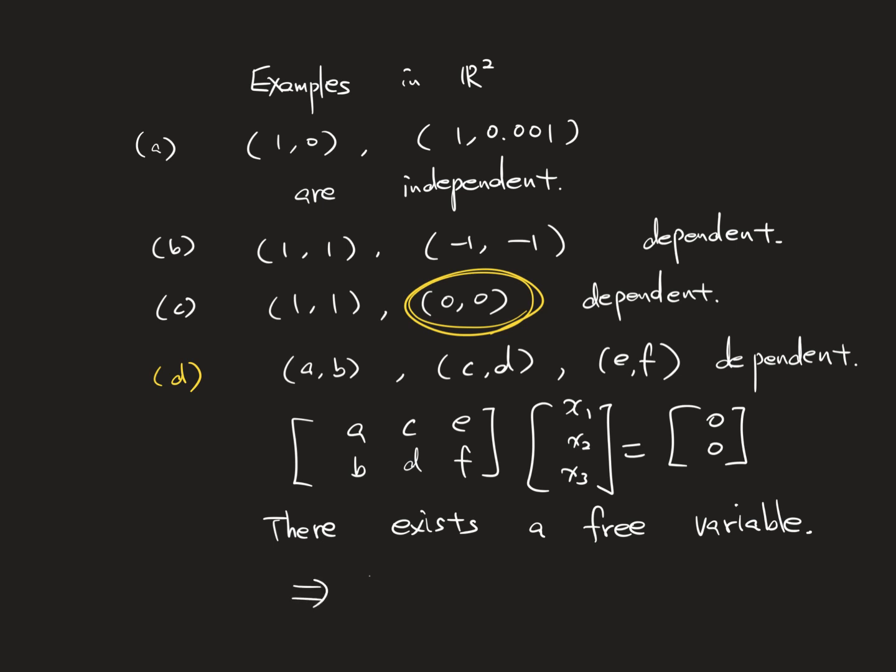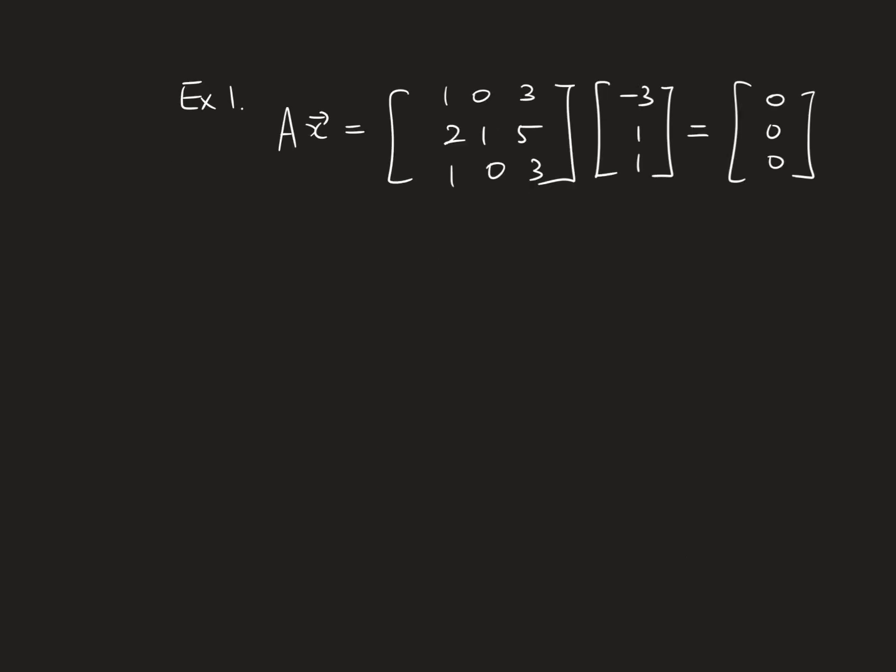That means there exists a special solution, and a special solution is not a zero vector. It's a non-trivial solution. In this example, we can see that this homogeneous equation has a non-trivial solution, which is (-3, 1, 1).